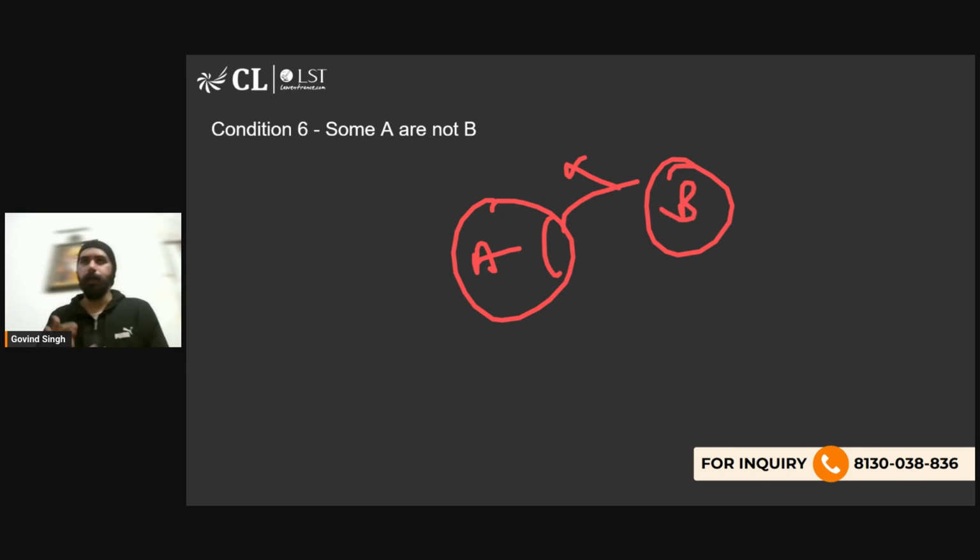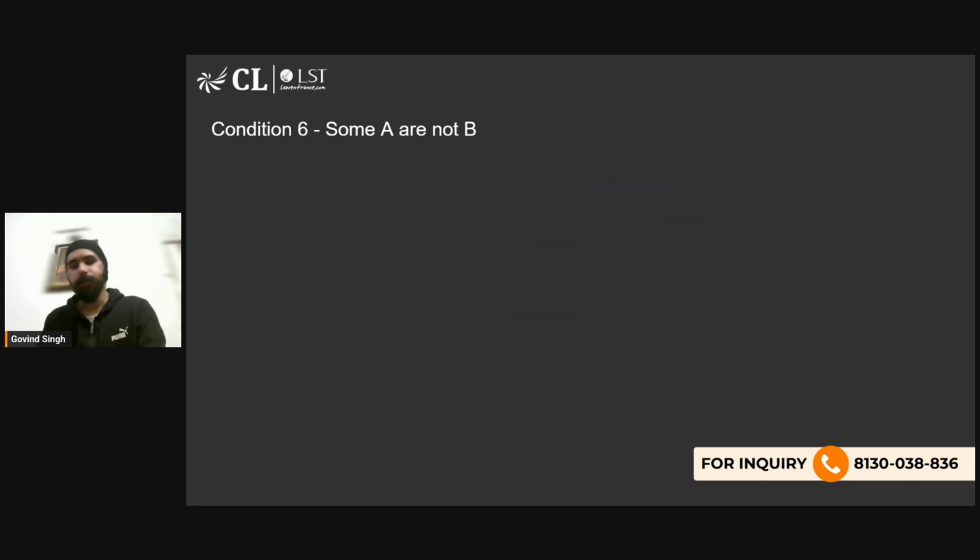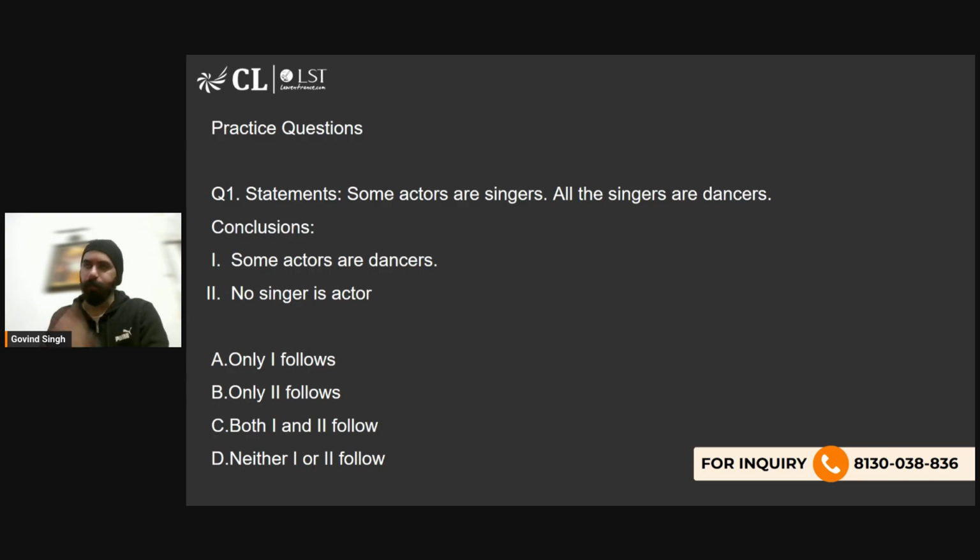So these are the 6 primary conditions which you look at in syllogisms, और इन्हीं के basis पे आपके सारे questions frame होंगे। इसके beyond आपके questions नहीं आएंगे। So let's now look at some of the questions and try to solve them.